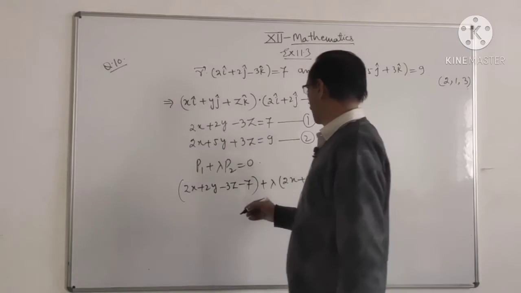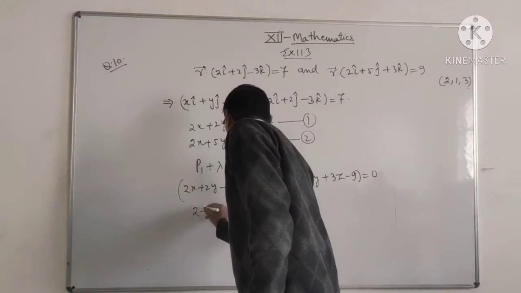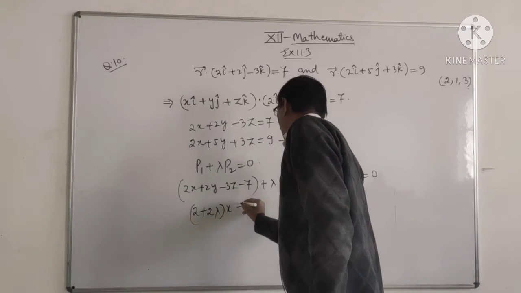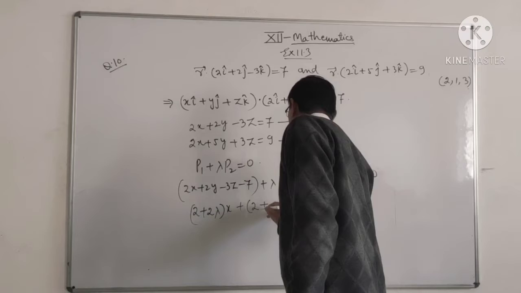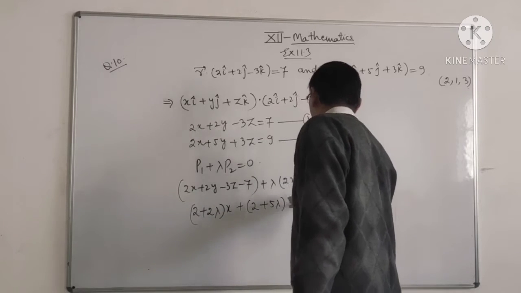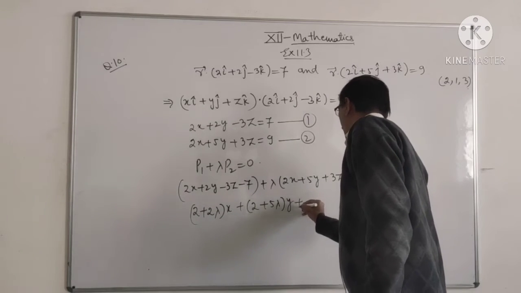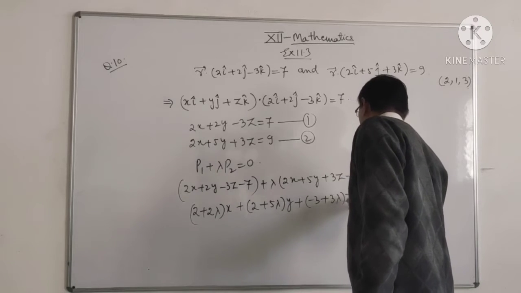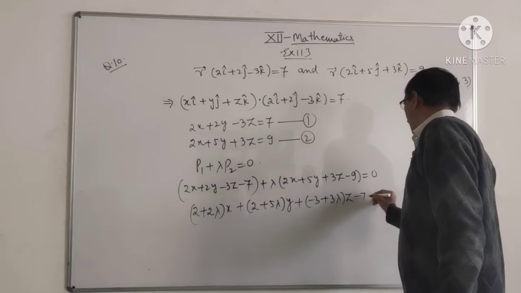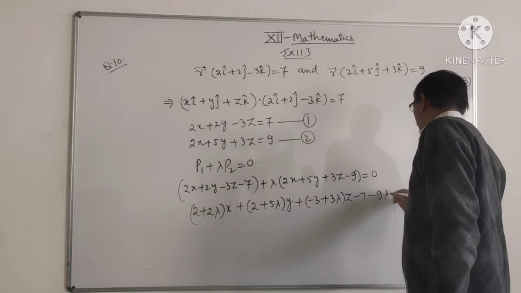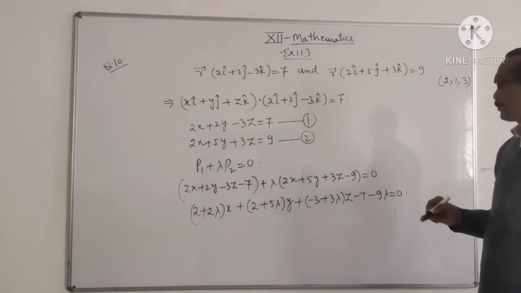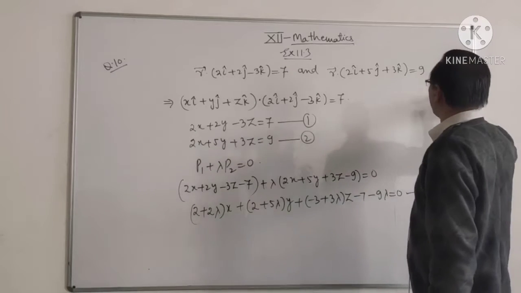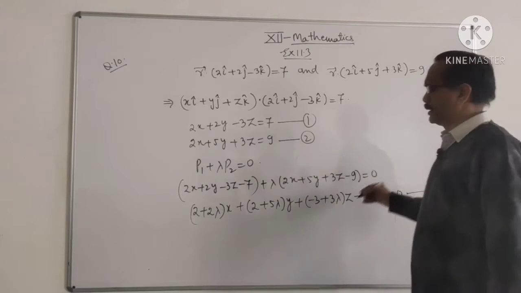Or it is 2 plus 2 lambda into x plus 2 plus 5 lambda into y plus minus 3 plus 3 lambda into z minus 7 minus 9 lambda equal to 0. It is equation 3. Now this plane passes through the point 2, 1, 3.